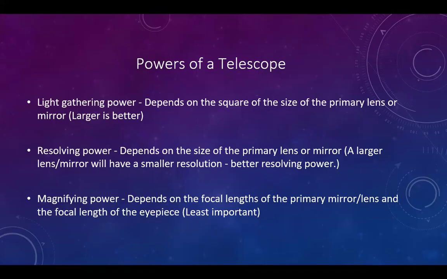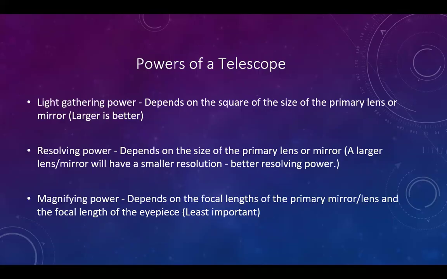Then there is resolving power. This is how small of an object in the sky you can resolve. You can see the difference between. This depends directly on the size of the primary lens or mirror. Again, a larger mirror or lens will have a smaller resolution, a better resolving power.